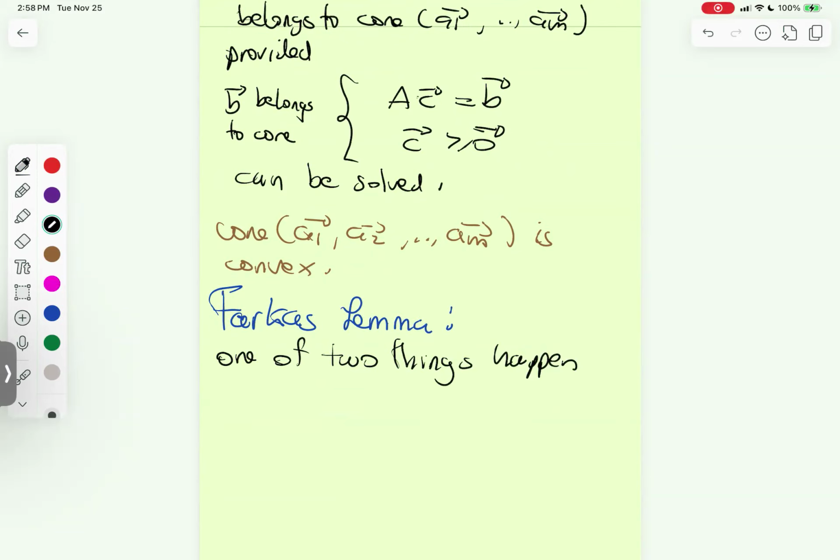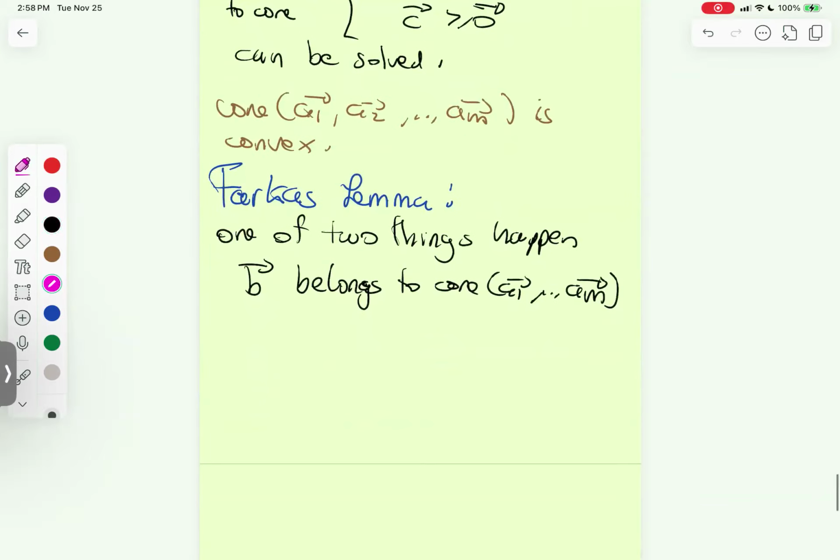One option is that B belongs to the cone of the matrix, so B belongs to cone of A1 up to AN. In which case, it looks like the picture I had before, the drawn cone and the B somewhere in there. This is the possibility.